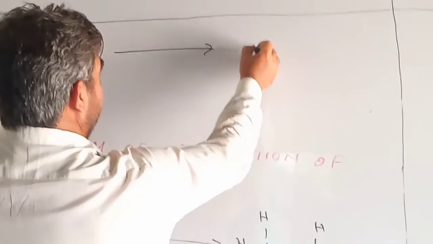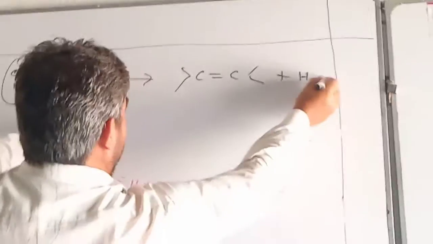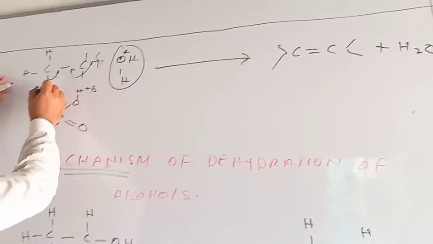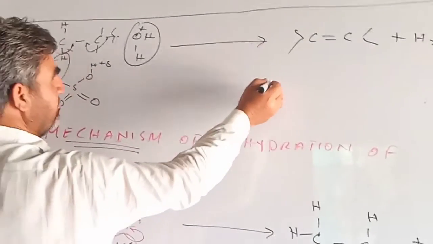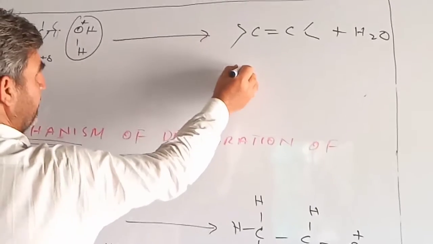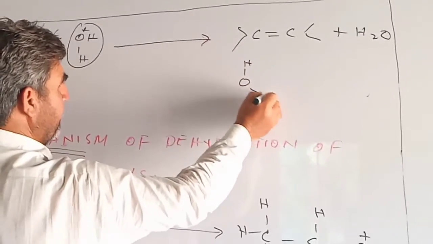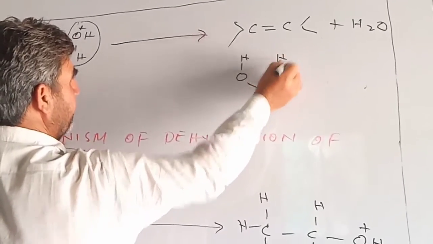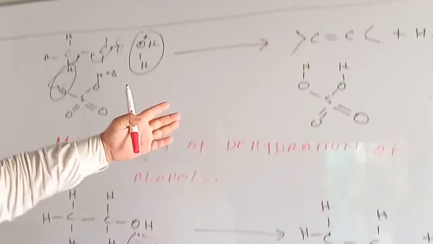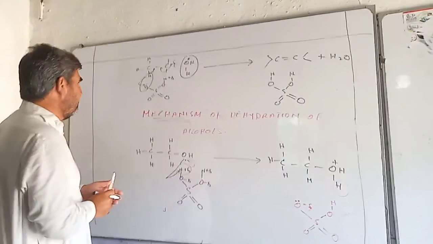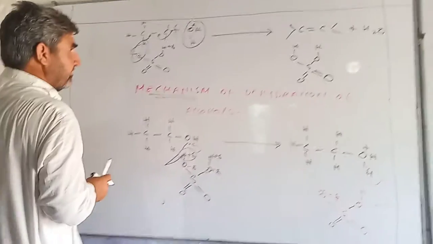So this will become like this, and it becomes H2SO4 again. It will bond with this one, and again it will become H2SO4. All this mechanism is just for this one reaction.